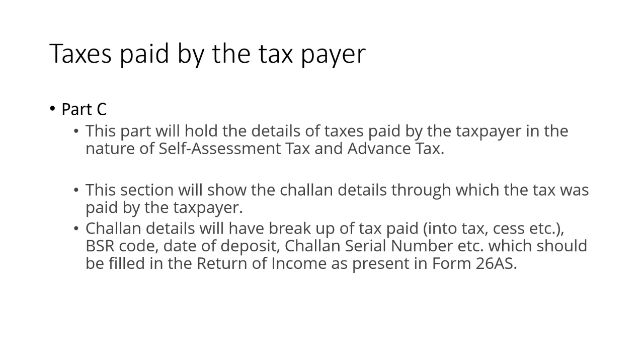For non-corporates, that is HUF, individual, partnership firm, association of persons and body of individuals, they are required to pay the advance tax in 3 installments starting from September onwards: September, December and March.